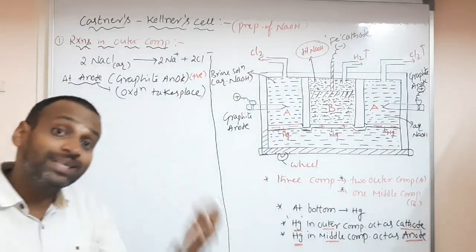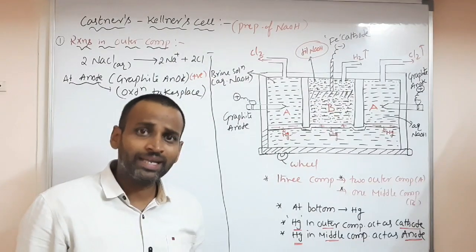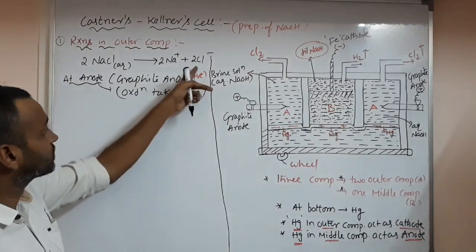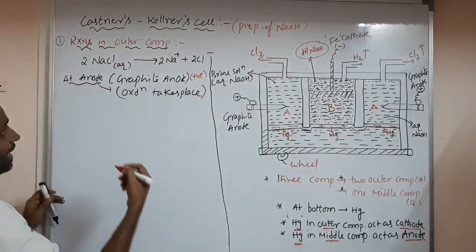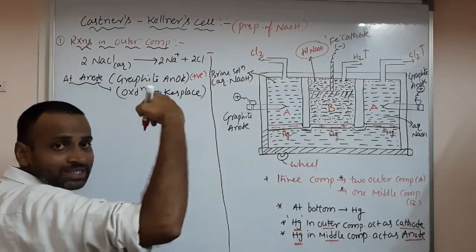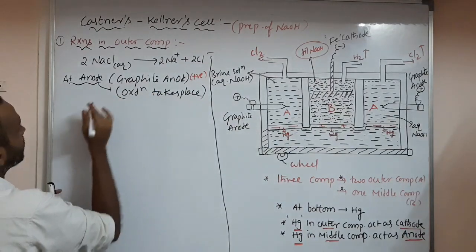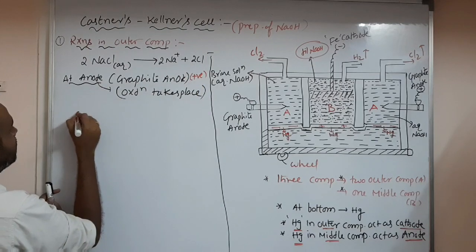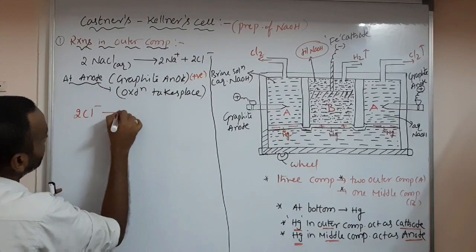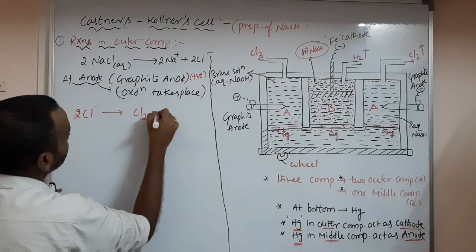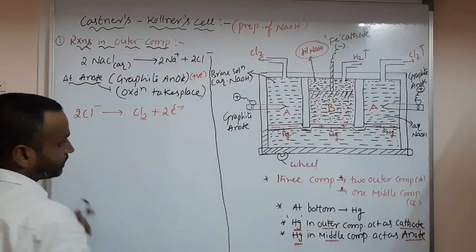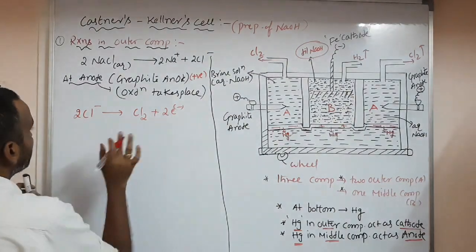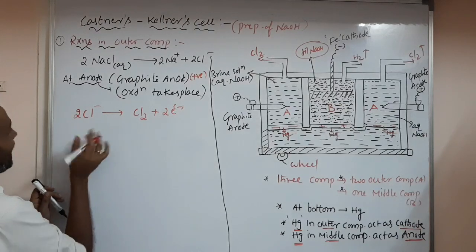So towards the anode who will go? Negative ions. Who are the negative ions? Cl- ions. The same anode reaction that took place in the Nelson cell, here also the same. That means the anode is positive, so certainly these negative ions will move towards the anode. So Cl- converts to Cl2 plus 2 electrons. Okay. This is the reaction at the anode.